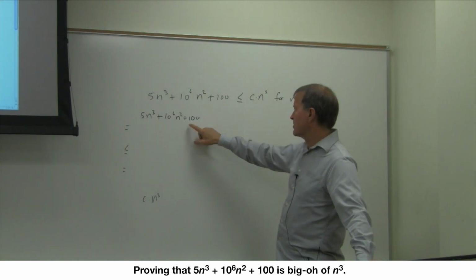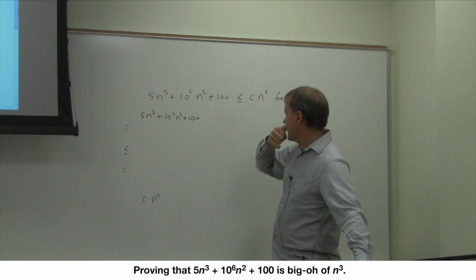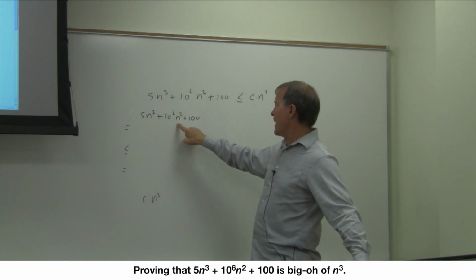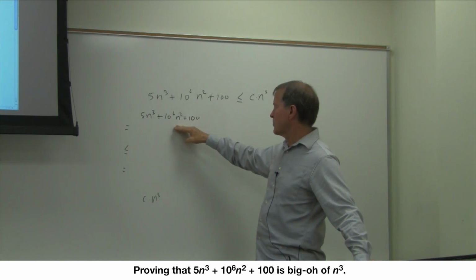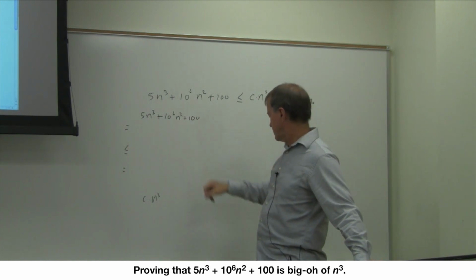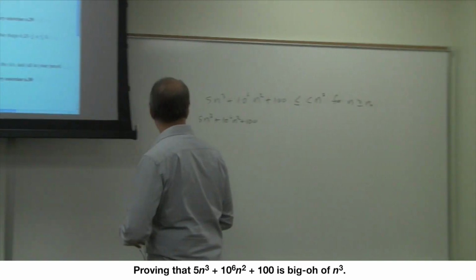I think we have to multiply this term by n, as long as n is greater than or equal to 1. Is that the technique that we used on this?